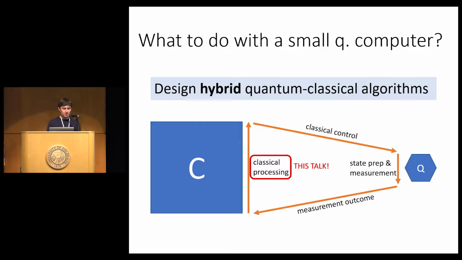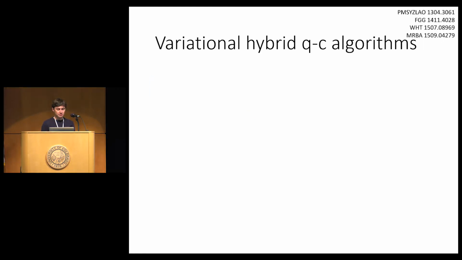You can imagine a cycle where the classical computer asks the quantum device to prepare some state and do some measurement, and the classical computer receives the measurement outcomes and then does some processing, and then decides what the next step should be. So first, I will go over this framework, and I'll give a specific example of an application.